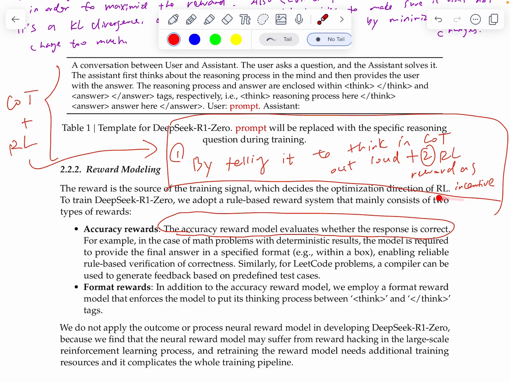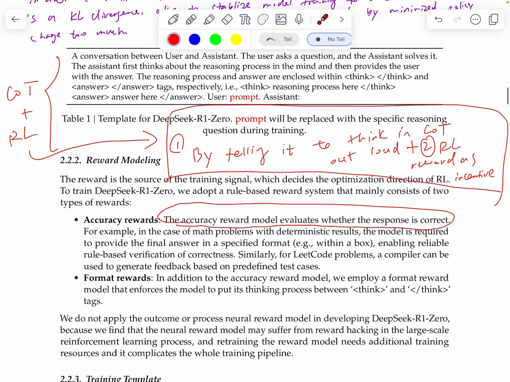They put RL rewards as the incentives to guide the model to learn by interacting with itself. As long as this model puts more and more precise thoughts inside those tokens, and also puts a more accurate answer between the answer tokens, as long as the model does better, it gets higher rewards.